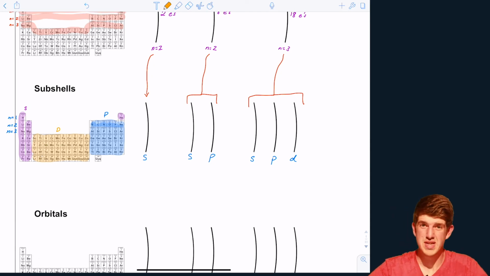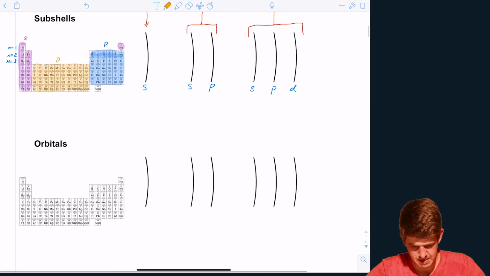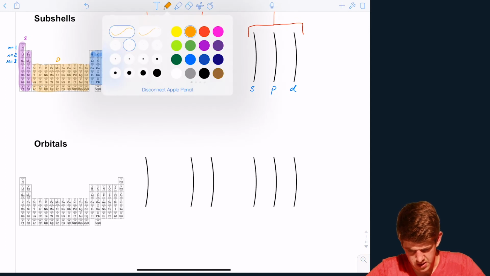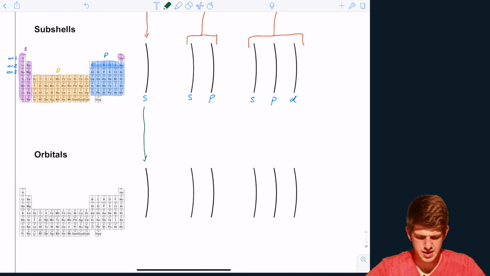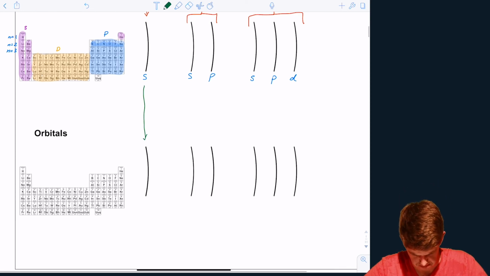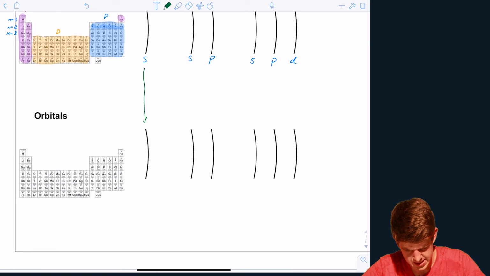Now, we're still not done, because those subshells can then be broken down and subcategorized again into orbitals. So for all of the orbitals, let's just choose green. I'm going to have a number that depends on the subshells and the rows. Now, let's write down some information.